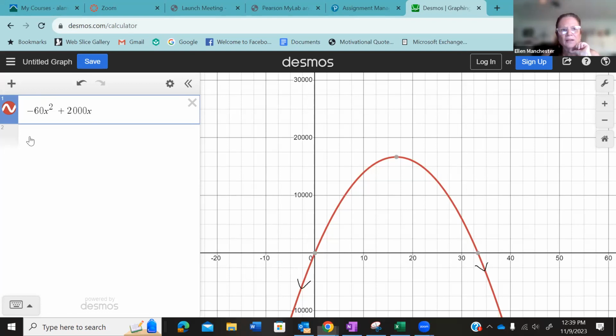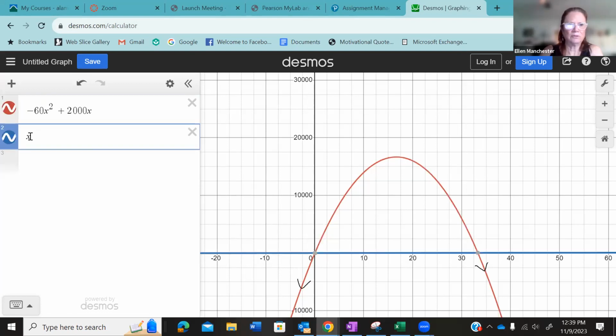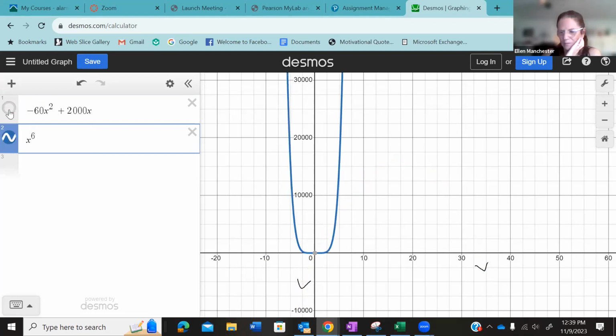If I had x raised to the 6th power, these are both going up because my highest exponent is even. Simple as that. Even exponent, it's either up or down. If they're both up, your first term is positive. If they're both down, your first term is negative. Okay.